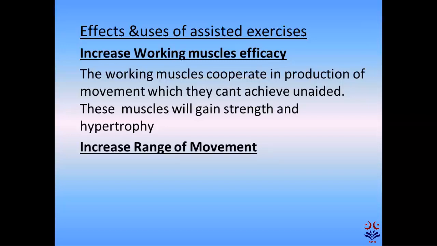Sometimes when there is paralysis, the muscles are not paralyzed completely, but only a part of them is paralyzed, and the remaining power of the muscles can be augmented, can be uplifted to perform the work of the whole muscle. This can be achieved by the use of active assisted exercises.